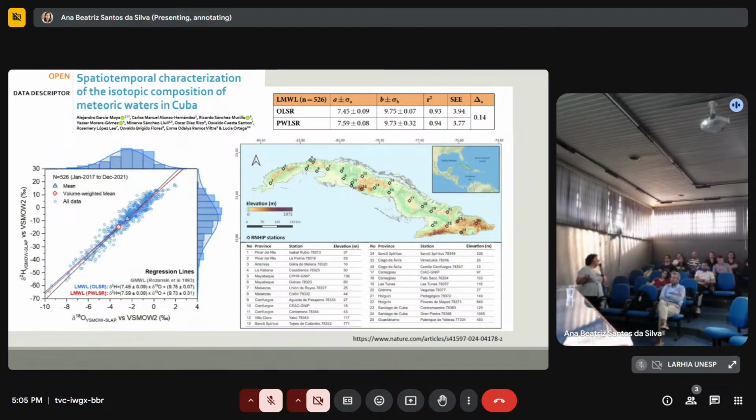There is no statistical difference between these two, but we should assess anyway, because it could be the case that for your station, for your location, there is this difference. If you don't assess this, you don't know if there is or not a statistical difference between the regression lines.